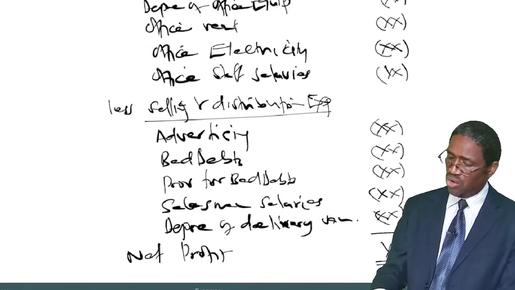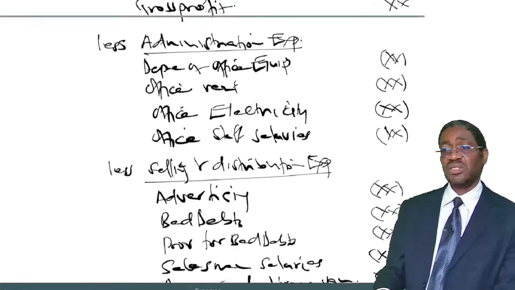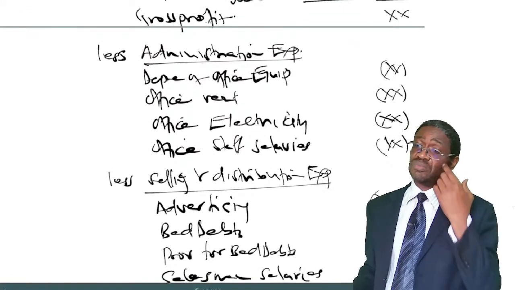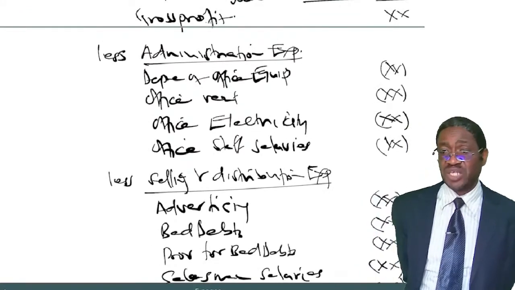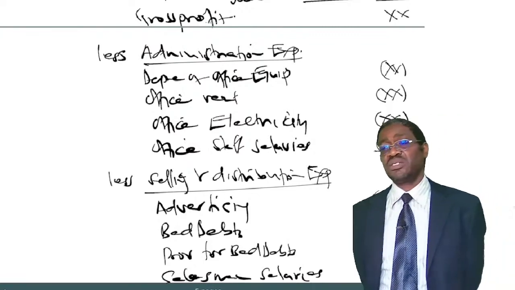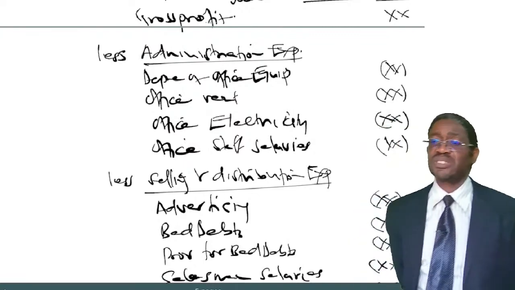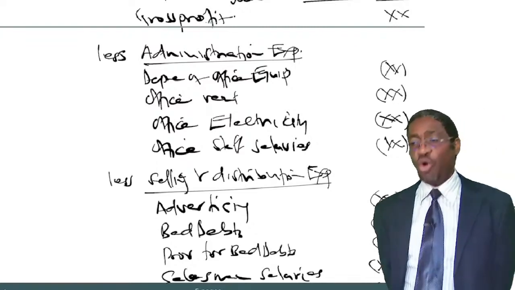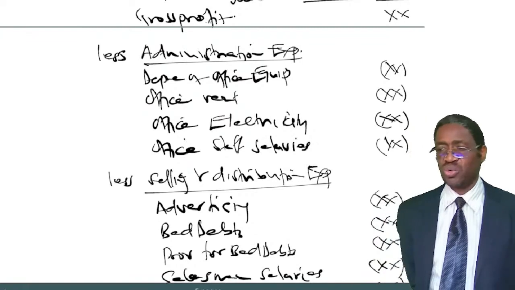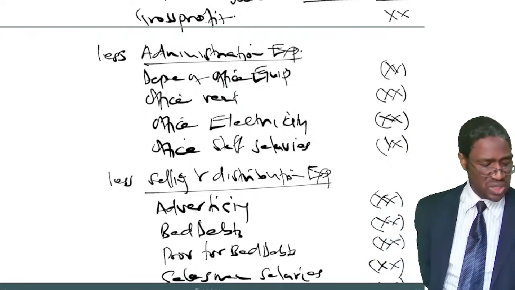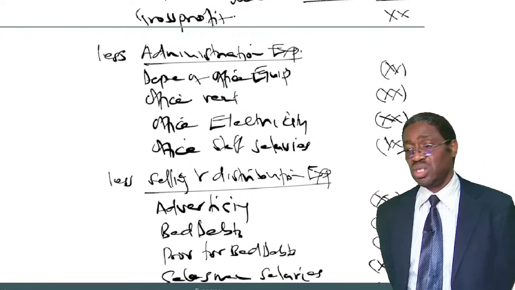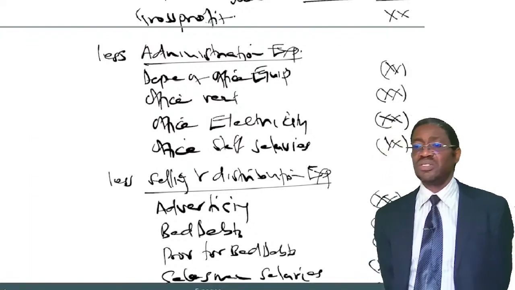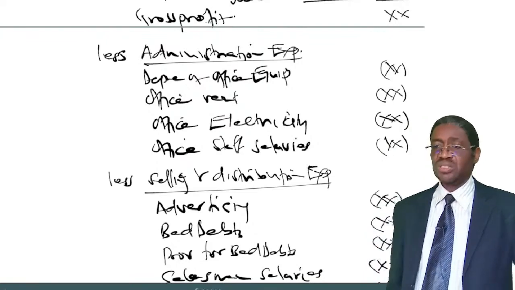I hope you can now copy the rest of the part now. From the GP, we have to minus admin, so copy that section. You have to minus the admin expenses. We are giving examples like depreciation of office equipment, office rent, office electricity, office staff salaries. Once you quote those ones, you now come to selling and distribution expenses. We are giving examples like which one?